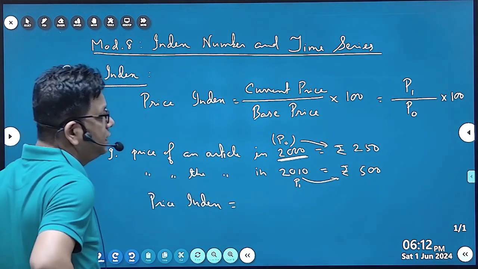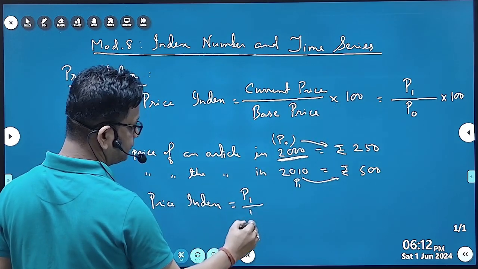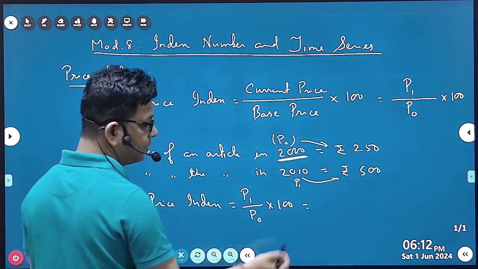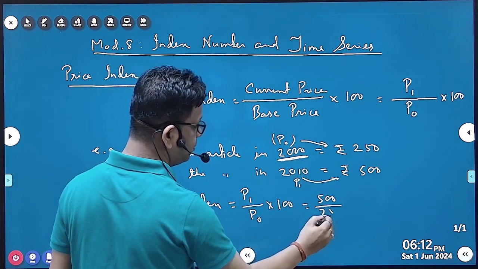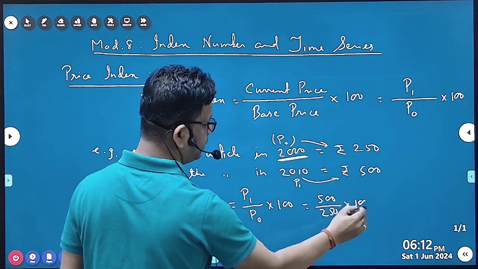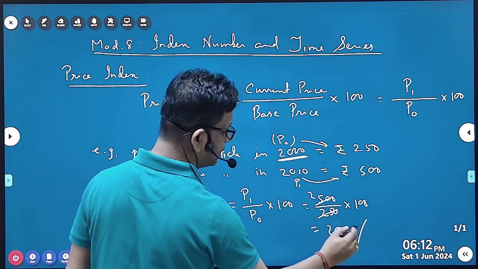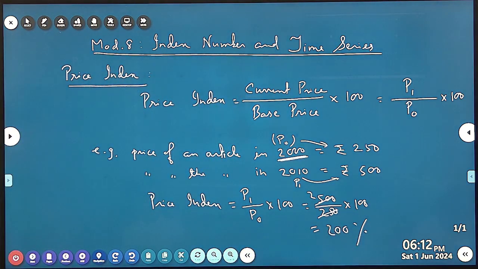Now the price index we calculate like this: P1 by P0 multiplied by 100. P1 is the current price, which is 500, and P0 is 250. Multiplied by 100, this is 200. So we say 200%. That means the hike in the price of the item became double.